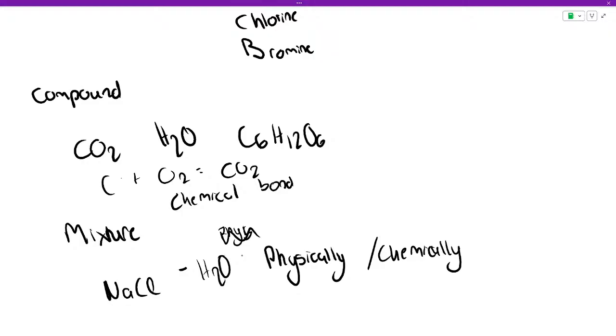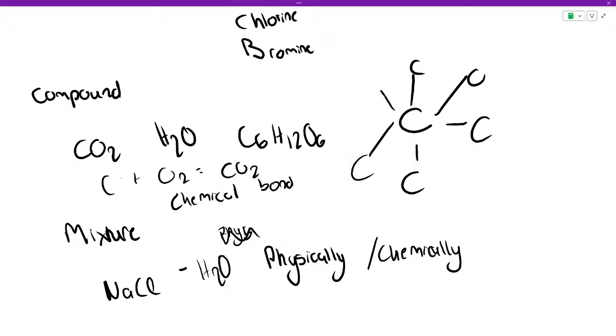There we go. Okay. So, for example, carbon consists of a massive network structure that's bonded with carbon. So, if I take, for example, graphite, that graphite is bonded to each other like this, and that's how it's formed. So these are repeating lattices. They covalently bond.